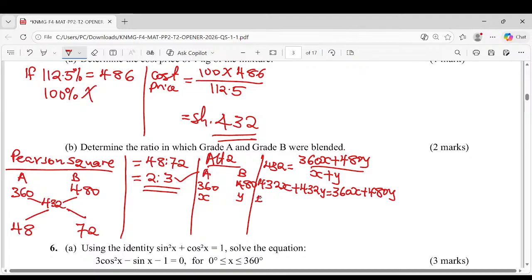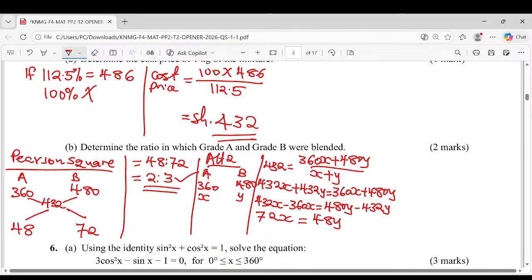Upon collecting like terms, this will be 432x minus 360x is equal to 480y minus 432y. When you take 432 minus 360, you get 72x being equal to 48y.